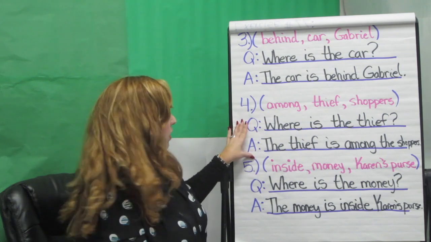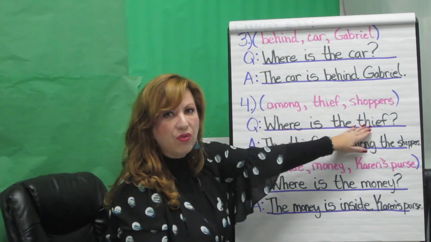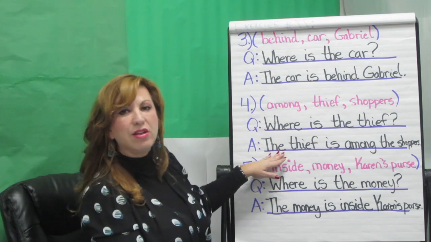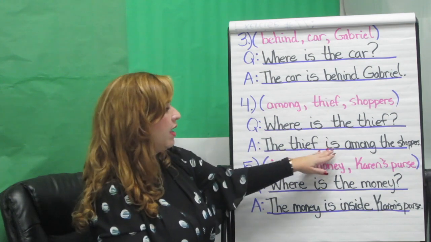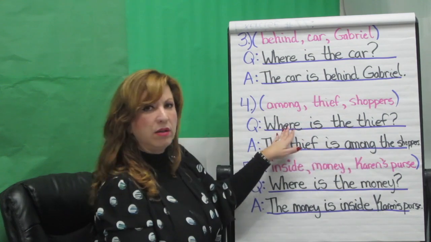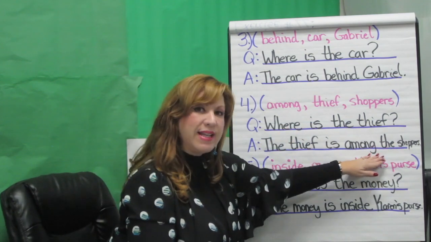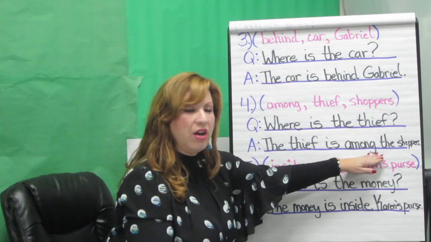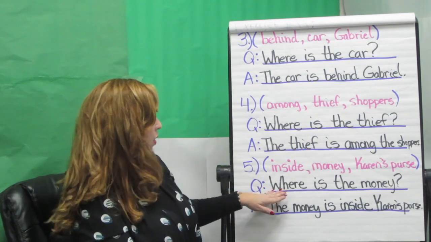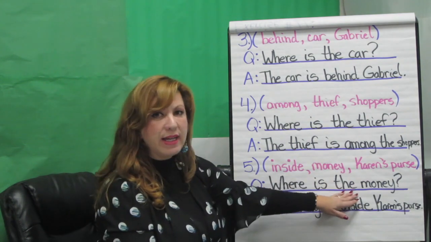In this case, we have where is the thief? Again, I answer the question by using my noun. The thief is among the shoppers. So among the shoppers is the answer to the location of where the thief is. And number 5, we have where is the money?